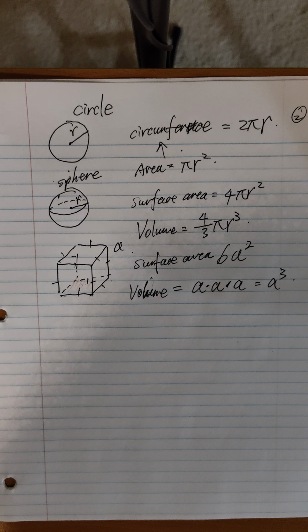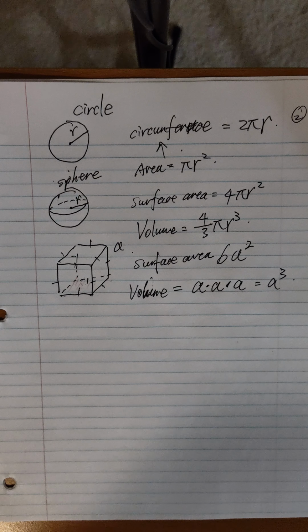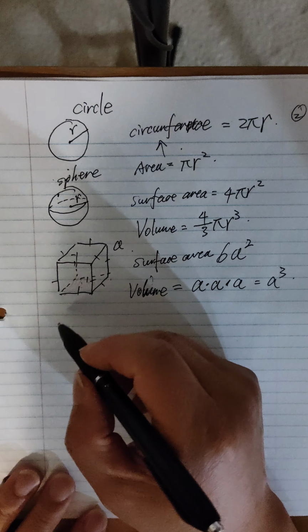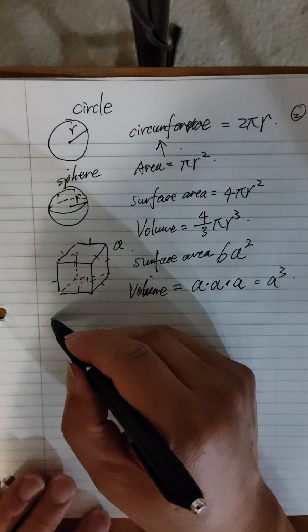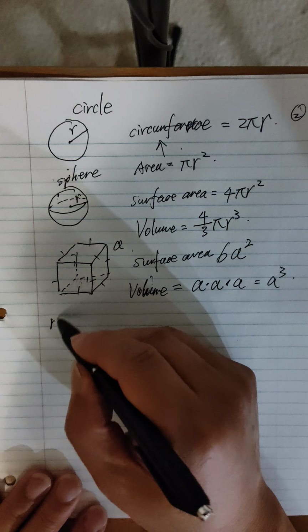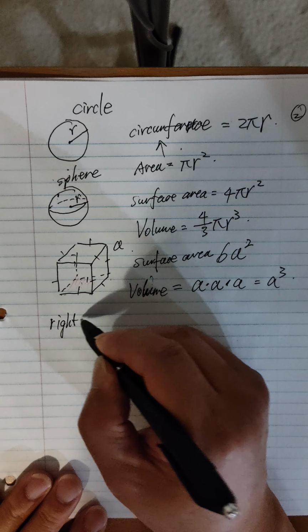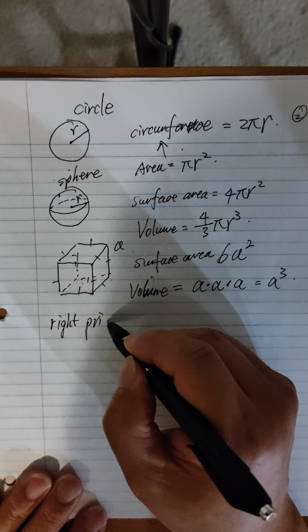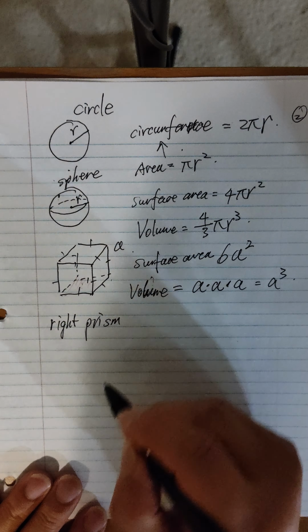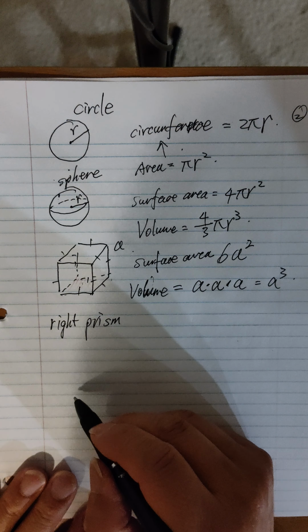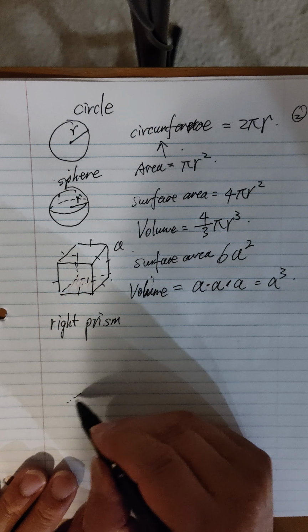So the next thing we try to talk about is called the rectangular prism. What does the prism look like?